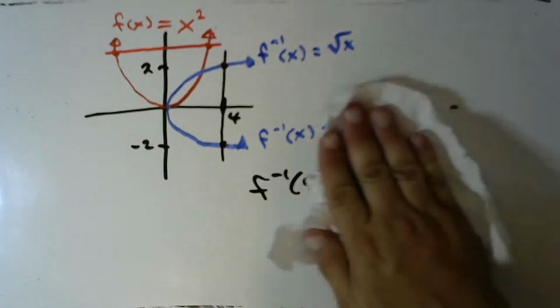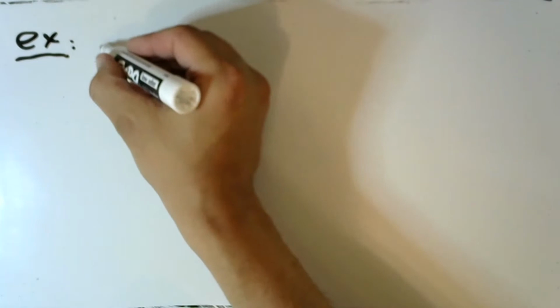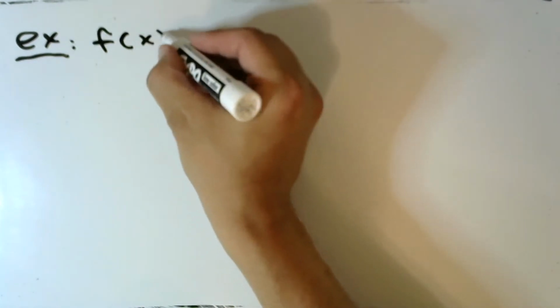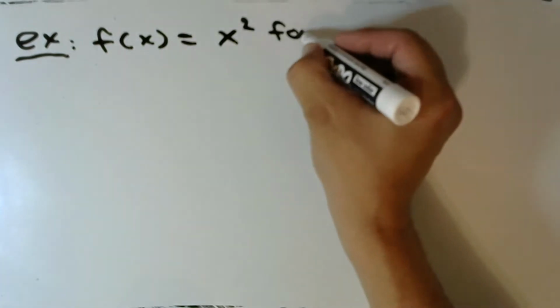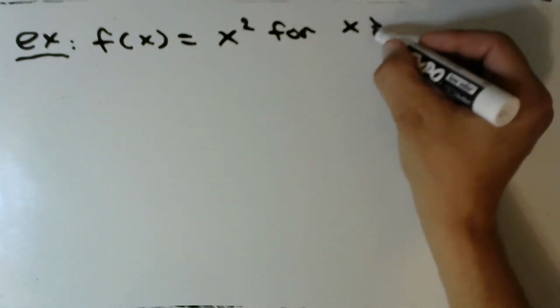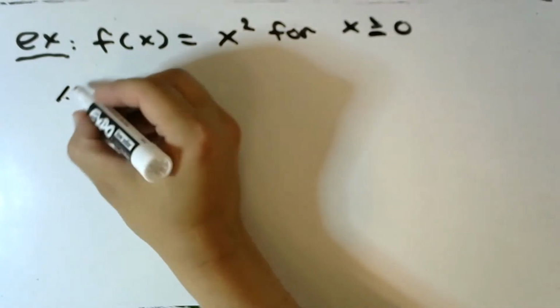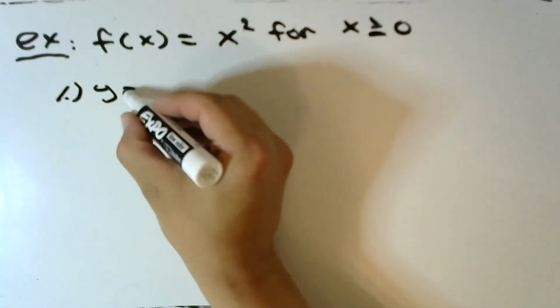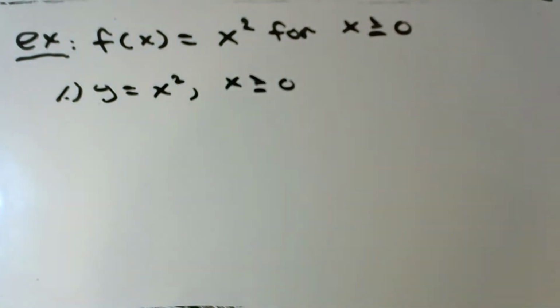So let me do this again with a slightly modified version of x squared, for x greater than or equal to 0. Again, we say y equals x squared, x greater than or equal to 0.